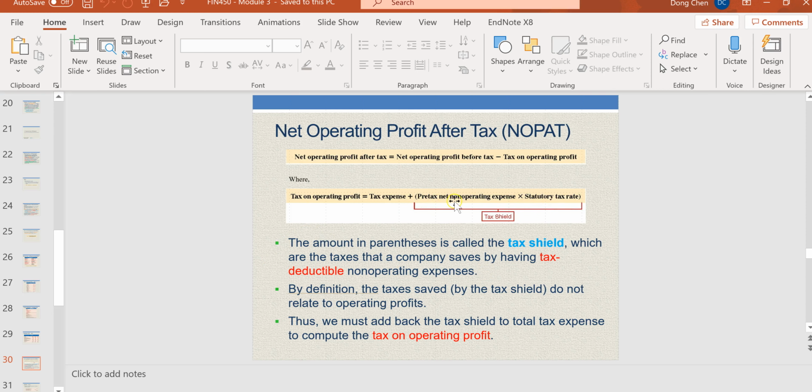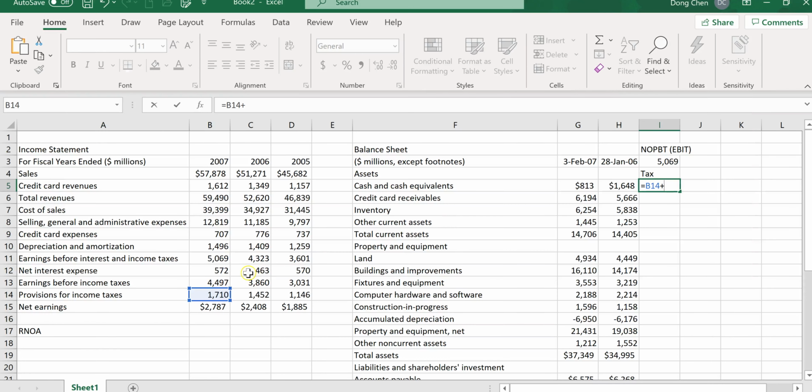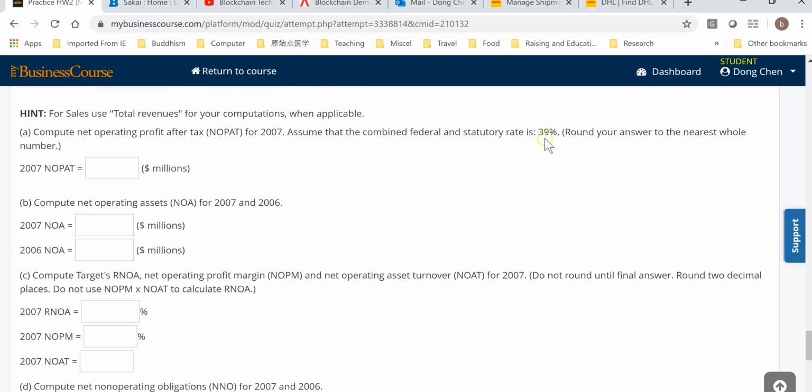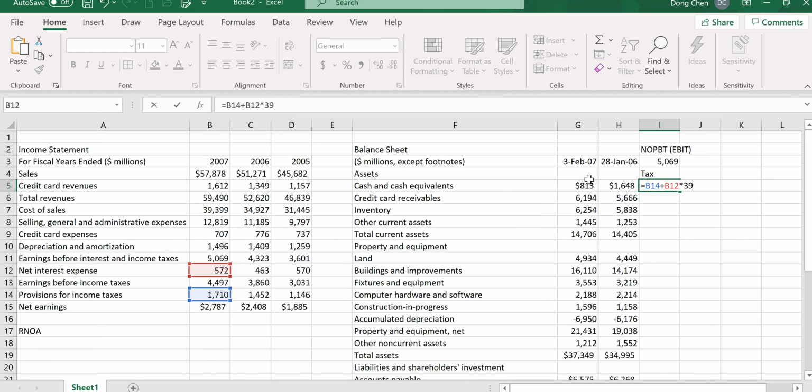The pre-tax net non-operating expense in this case is only the net interest expense, because that's the only non-operating expense. Then we multiply by the statutory tax rate, which is provided by the question to be 39%. All right, so that's the tax.